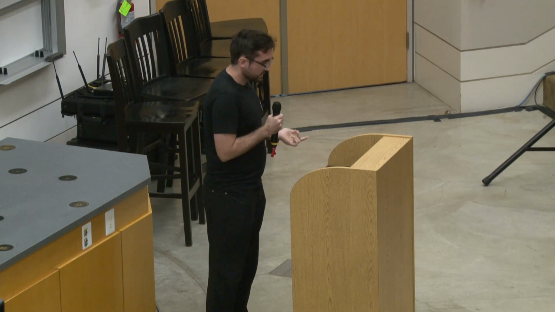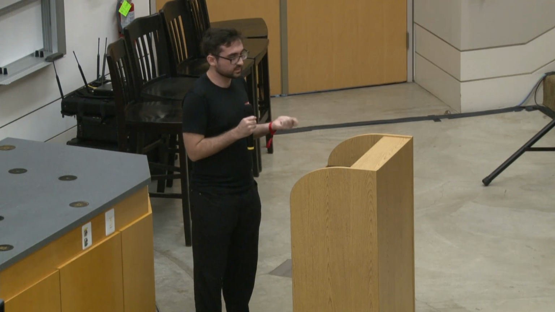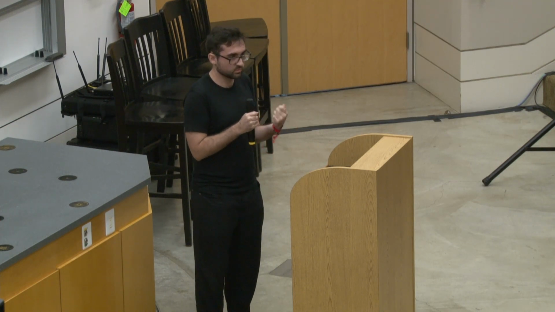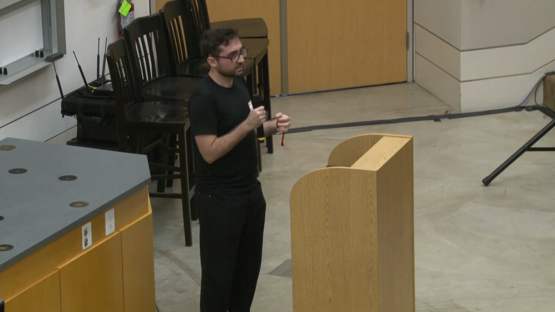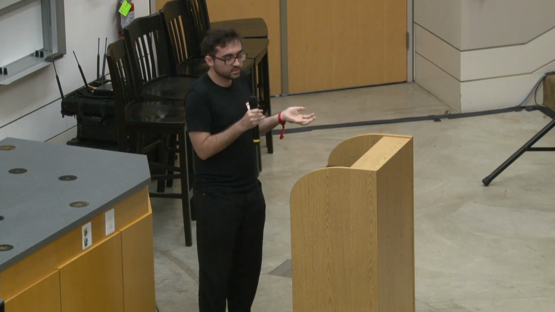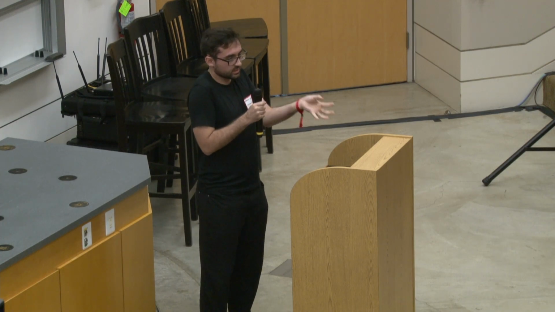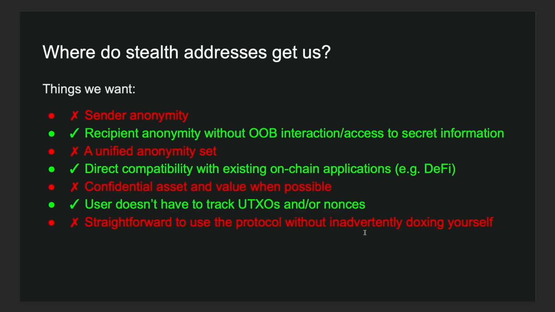But one of the drawbacks is that because this is only working with EOAs, the sender is doxed. You're going to see an Ethereum transaction somewhere in the blockchain saying that an Ethereum address, the sender, moved money into some EOA, which you don't know who the owner is. But you do get recipient anonymity without out-of-band interaction, which is really good.